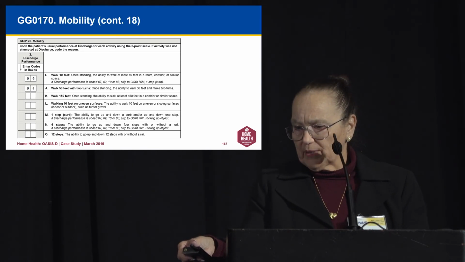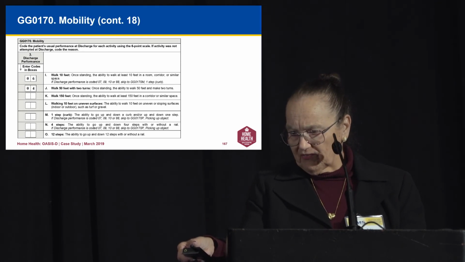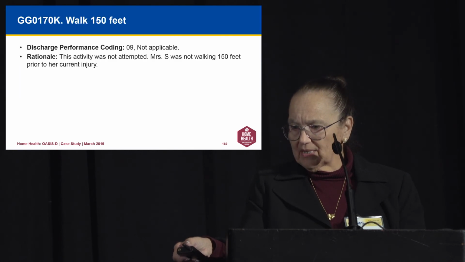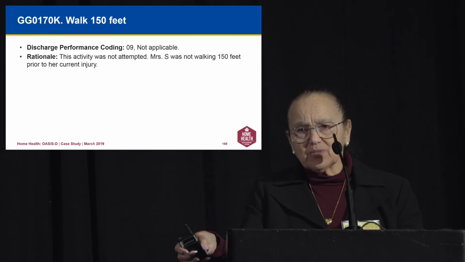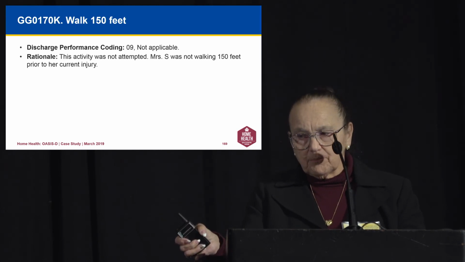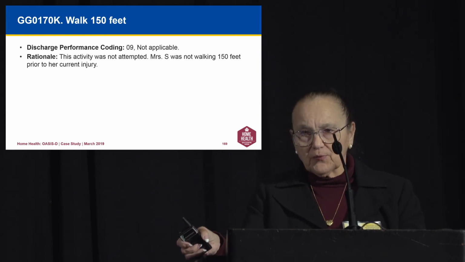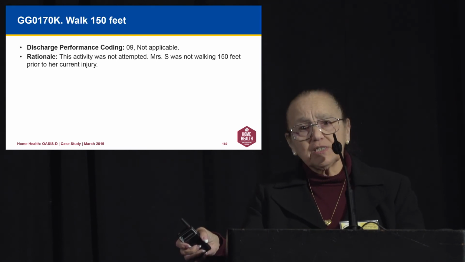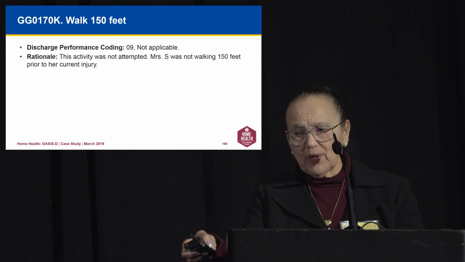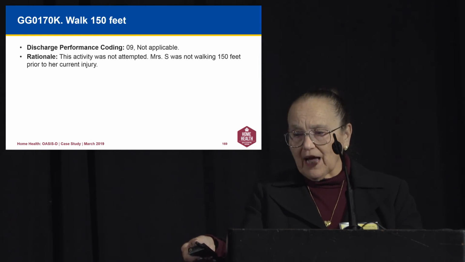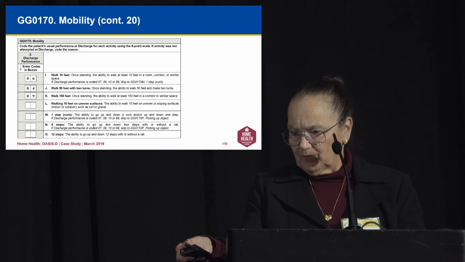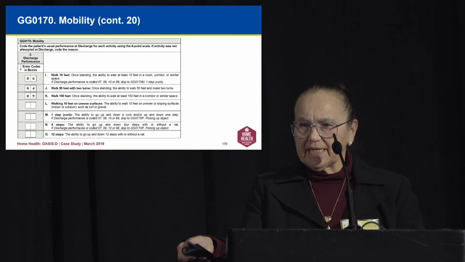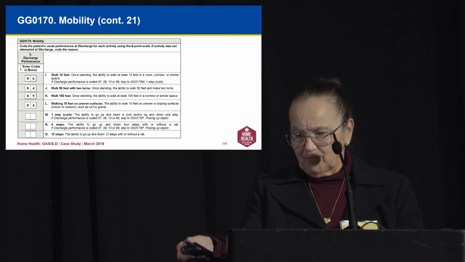Moving to the next one, walk 150 feet. We've coded this one as 09, not applicable. This activity was not attempted. Mrs. S was not walking 150 feet prior to her current injury. So if she couldn't do it before, we are not doing this one now because it would certainly not be safe. The next item, walking 10 feet on an uneven surface.